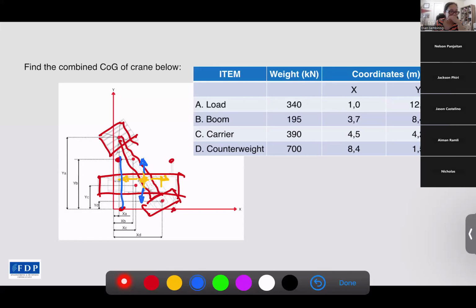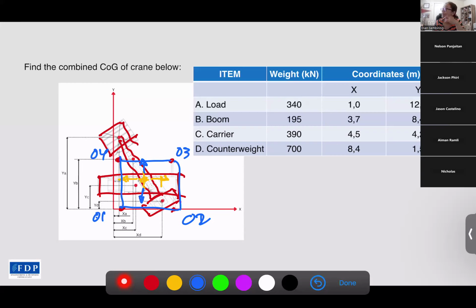Once we get the reactions for outrigger 1, outrigger 2, outrigger 3, and outrigger 4, we continue by distributing outrigger 4 plus outrigger 1 to outrigger 1 and 4, like that. Same process as the previous calculation.